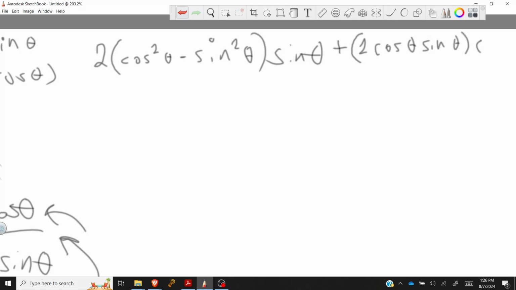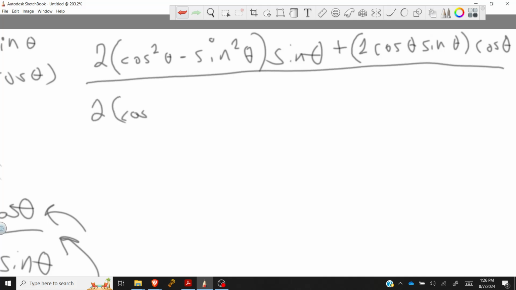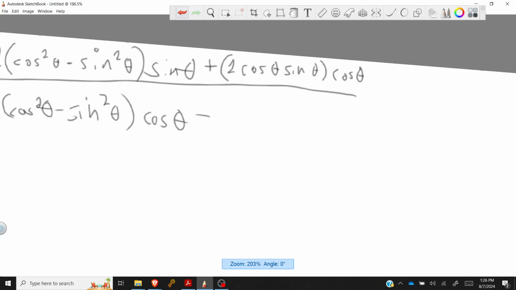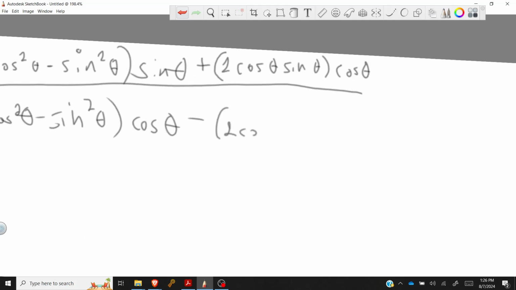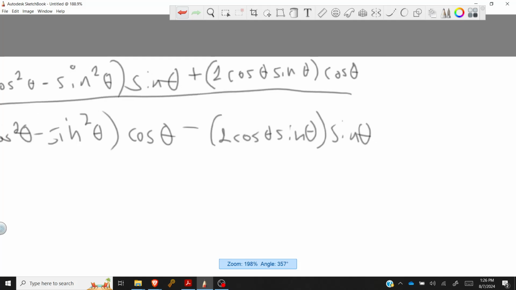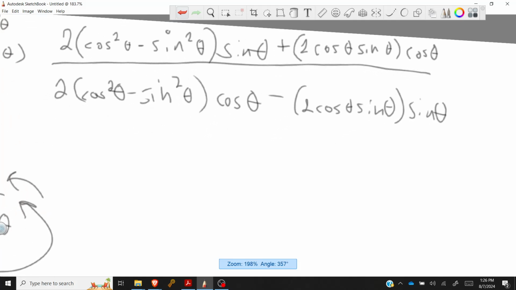And then this is multiplied by cosine theta. I'm going to put this all over. We're going to do the exact same thing on the bottom for the identities. And now it's just up to simplification.